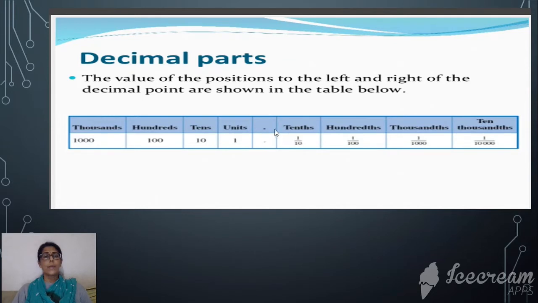Here we have to place a decimal dot. Then after the decimal, if the first digit is there, it is 1/10. Then if 2 digits, it means 1/100, and 3 digits 1/1000, and 4 digits 1/10,000.